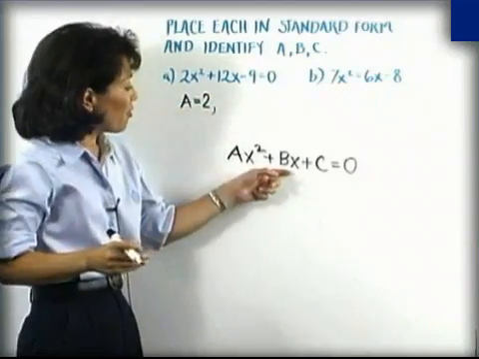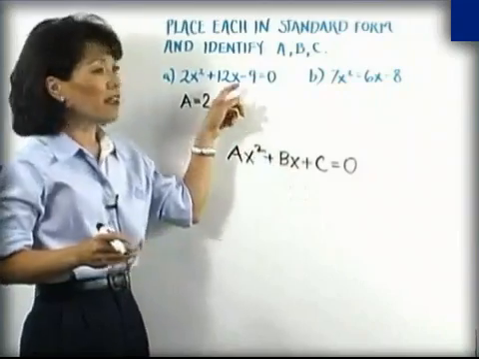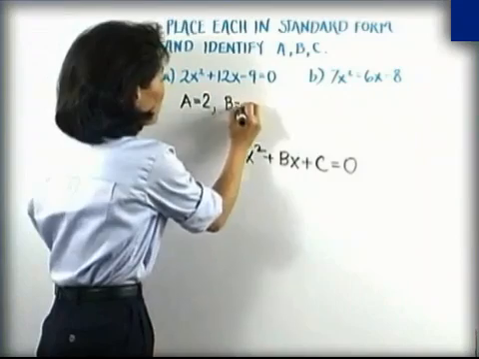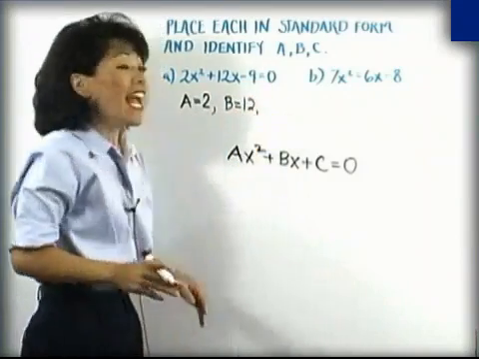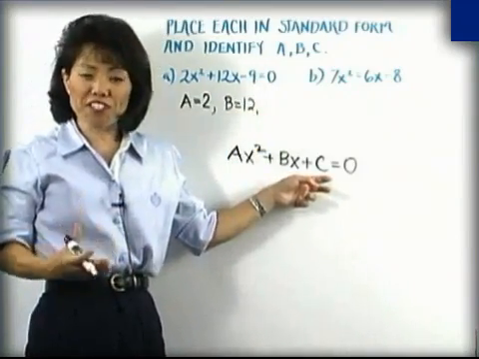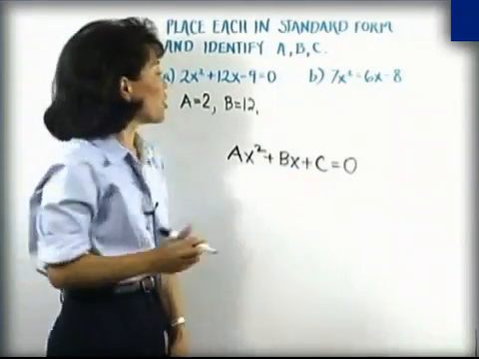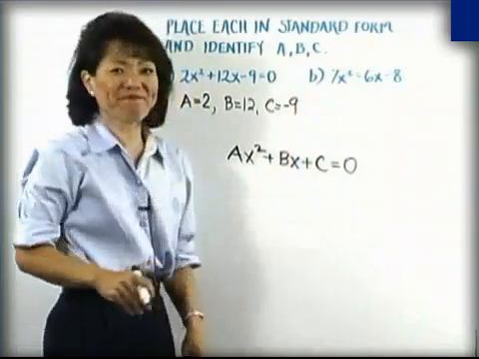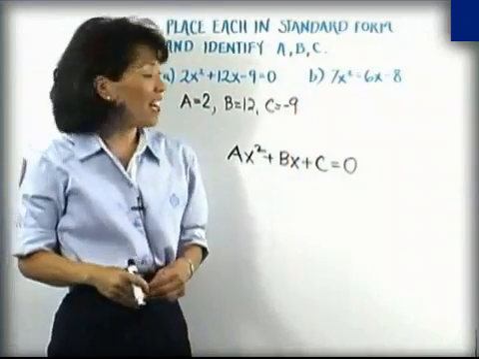B is the coefficient of the linear term. In this case, we have a 12, so B is equal to 12. And C is just the number by itself, or we refer to that as the constant term. So C is equal to -9. So far, not too bad.